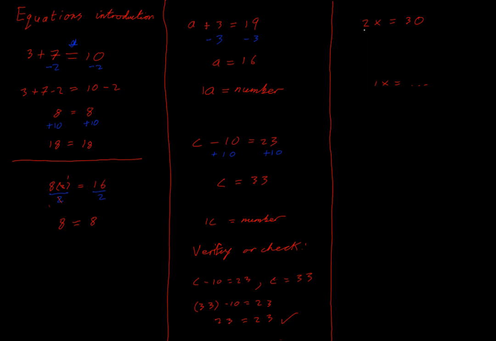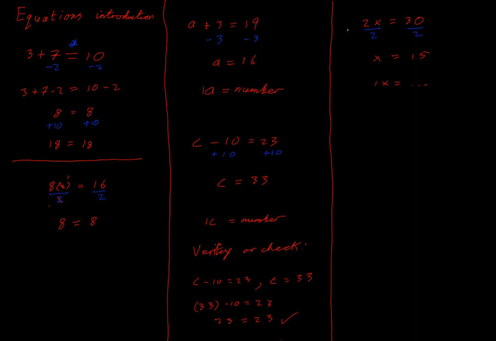I want to have 1x here, so I'm going to divide by 2. And to keep everything balanced, I have to do the same on the other side. So if I have 2 divided by 2, I get 1x is equal to 30 divided by 2 is 15. And I've got what I wanted. I have 1x is equal to 15.